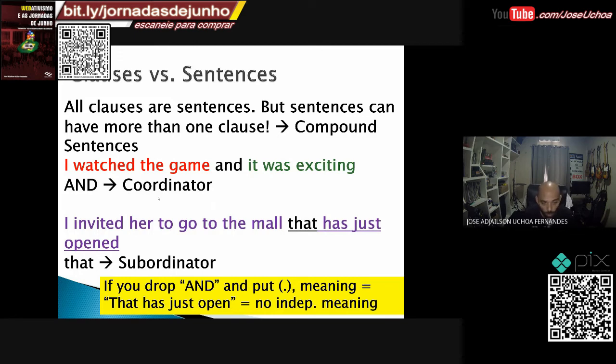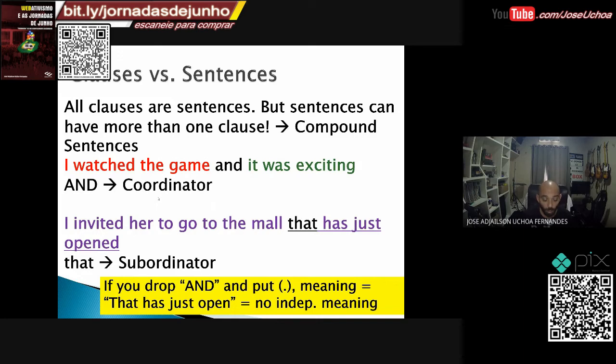Let's look at this second example in purple. I invited her to go to the mall that has just opened. If I tell you "that has just opened," do you understand it? No. No way.